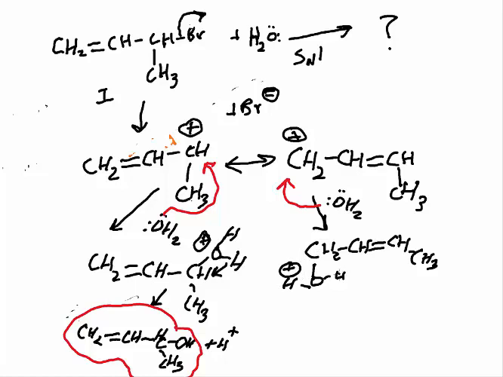All right, now we've got to do one more final step, namely loss of hydrogen ion from the water portion of the molecule, and we're going to get our second product now.